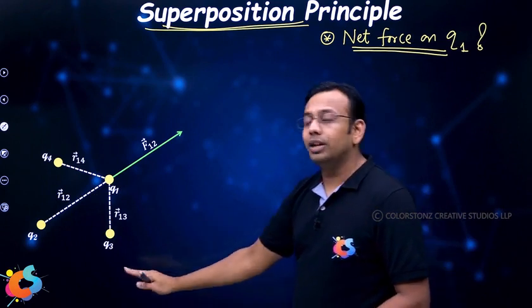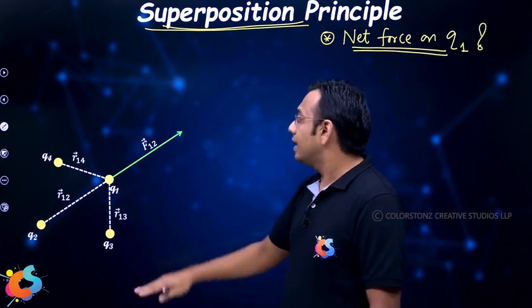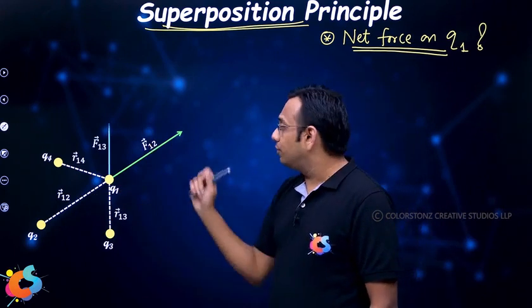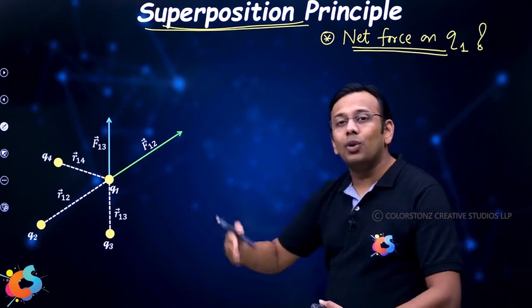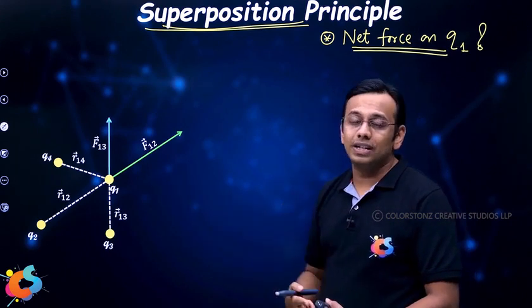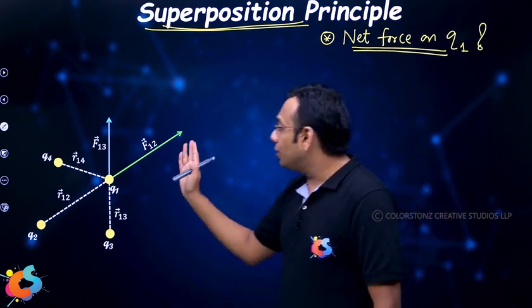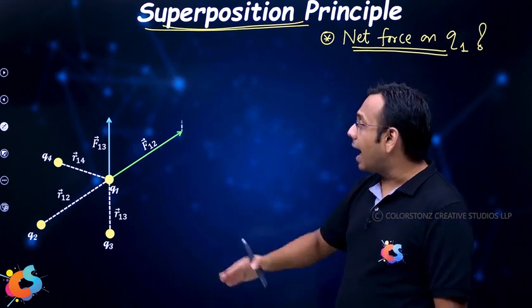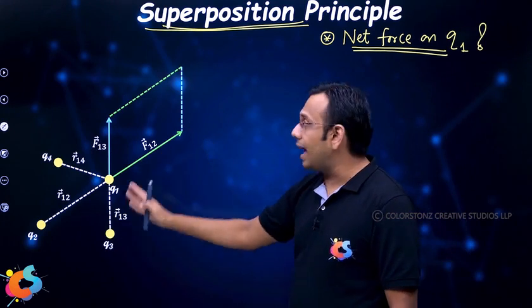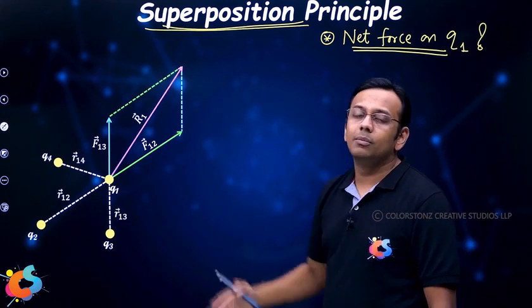Similarly, Q3 is also going to exert a force on Q1 and that will also be a repulsive force, in this direction, F13. So to find the net force, we have to add the two forces one after the other. So I'm going to add F12 and F13 using the parallelogram law, and that will give the resultant as this. Let's say it is some R1.